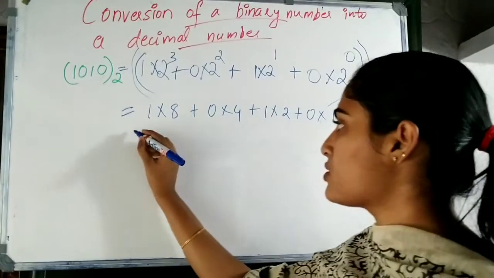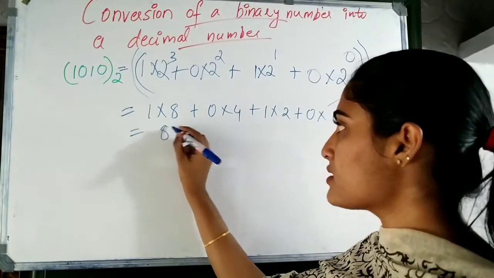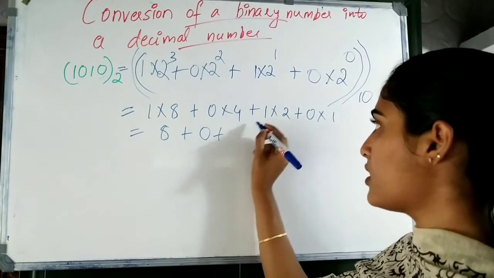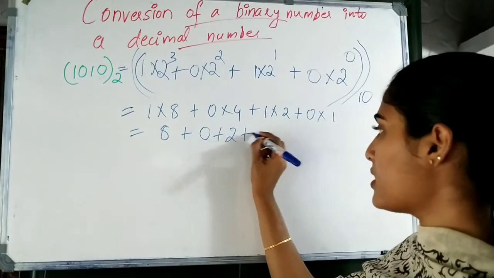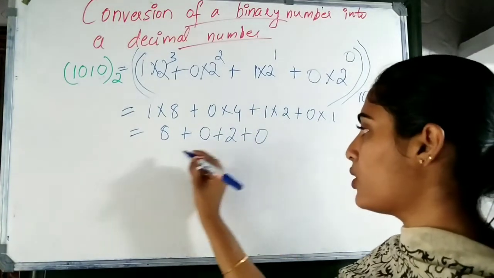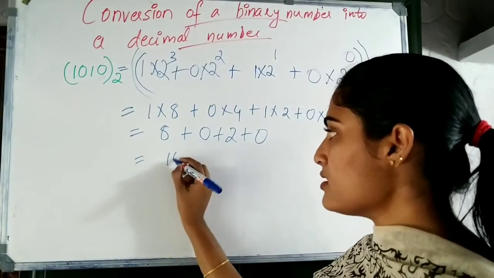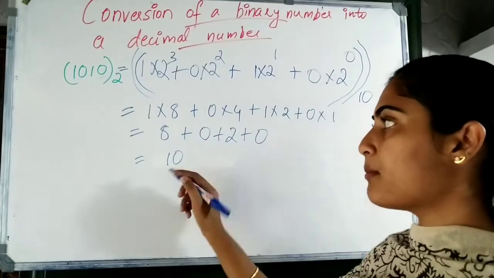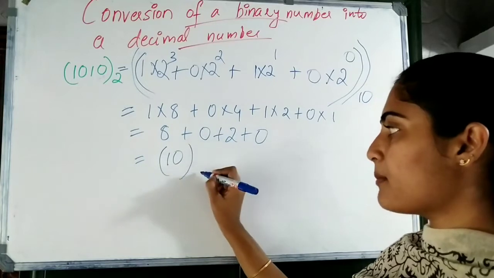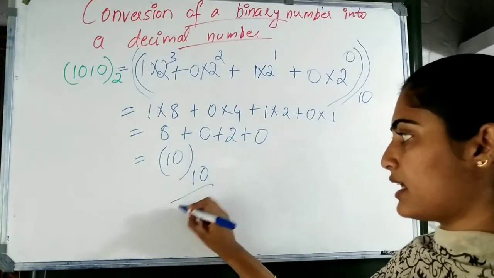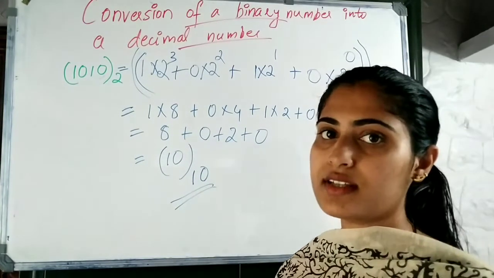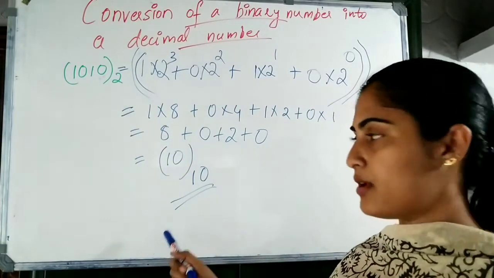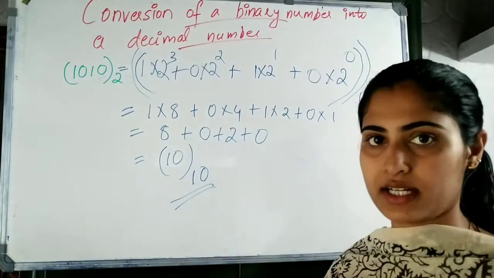So calculating this, 1 into 8 is 8, plus 0 into 4 is 0, plus 1 into 2 is 2, plus 0 into 1 is 0. The answer is 10. So by converting this binary number, we get the decimal number as 10 subscript 10.